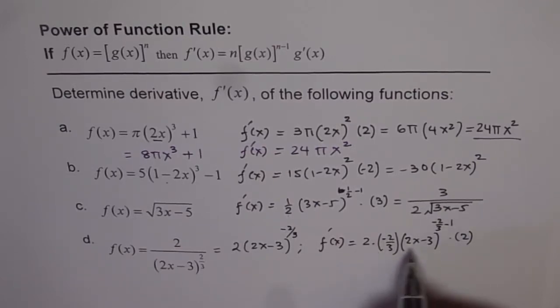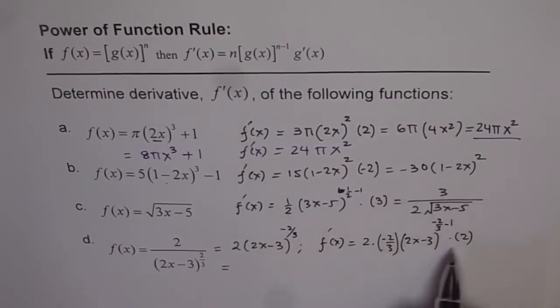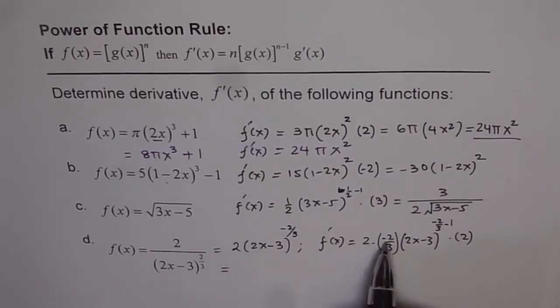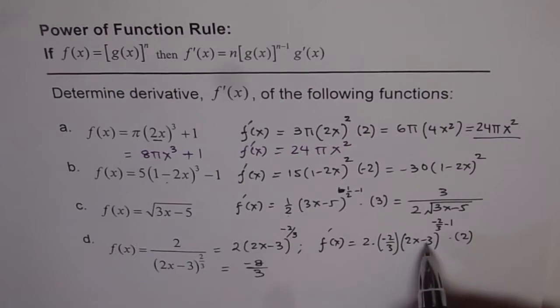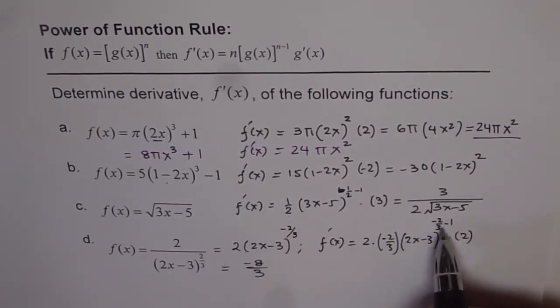This can be simplified, and you can write this as equal to, 2 times 2 is 4, times minus 2 gives me minus 8, right? So you get minus 8 over 3, and here we have minus 2 minus 3 as minus 5 over 3.